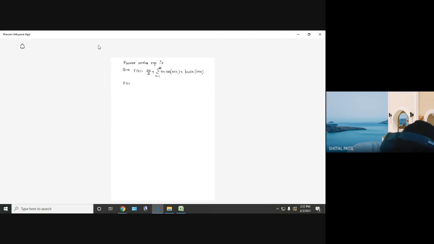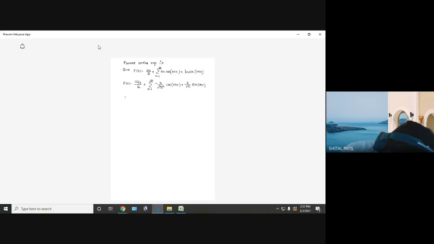So f of x equal to a naught, which was 16 by 3, divided by 2, plus n equal to 1 to infinity. a n was minus 4 divided by n square pi square cos of n pi x plus b n was 4 divided by n pi sin of n pi x.